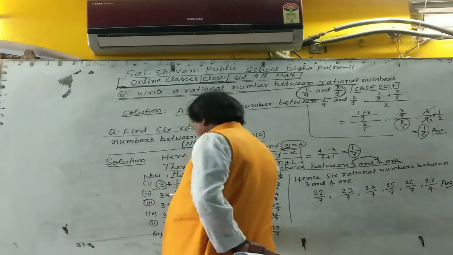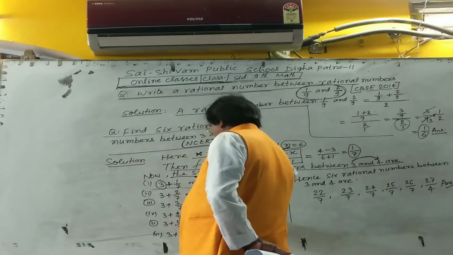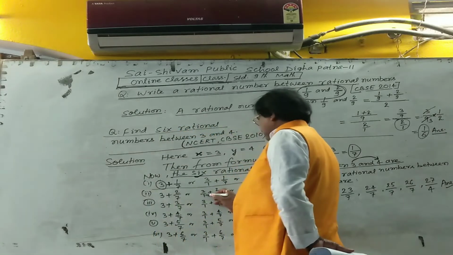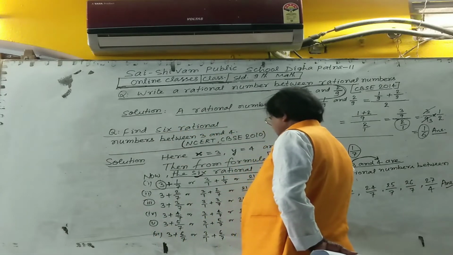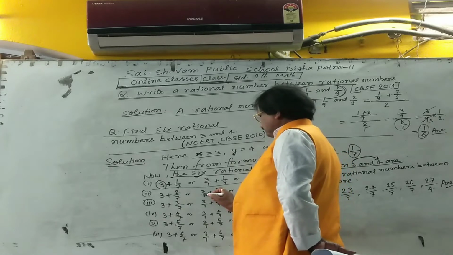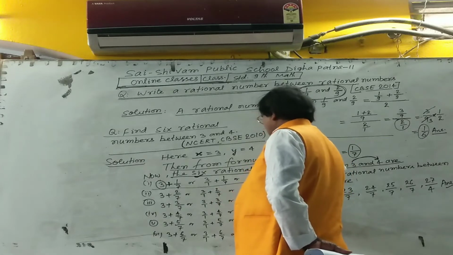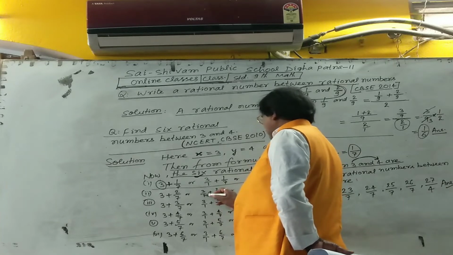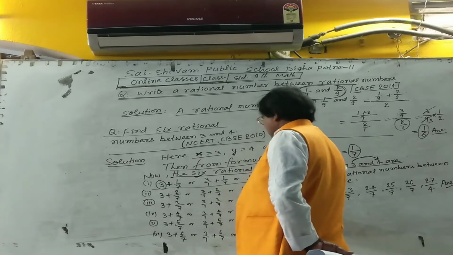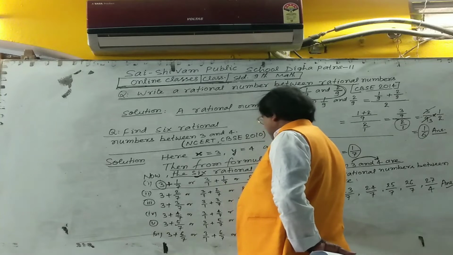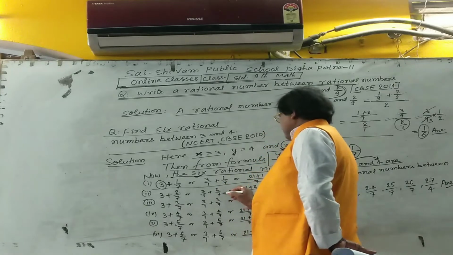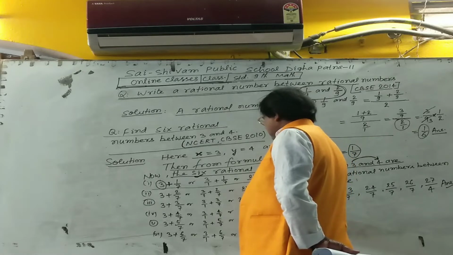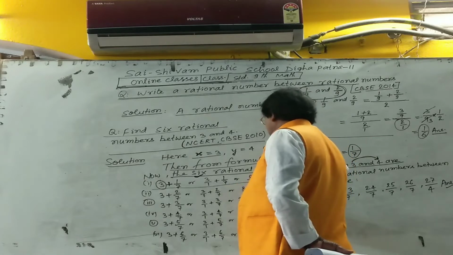You know, 3 means 3/1 plus 2/7. You get the LCM 7. 1 divided by 1 gives 1, 7 divided by 1 gives 7, and 7 multiplied by 3 is 21, plus 2. 7 divided by 7 is 1, and 1 is multiplied by 2.